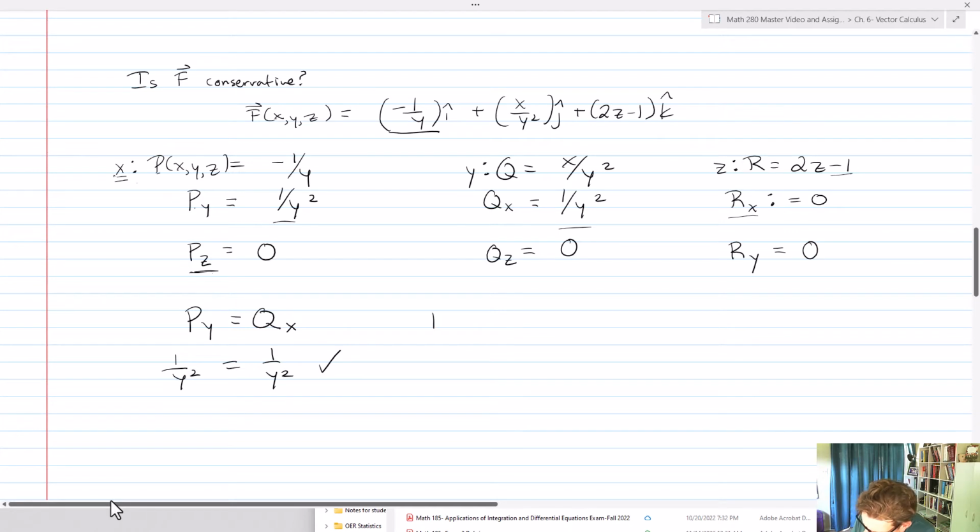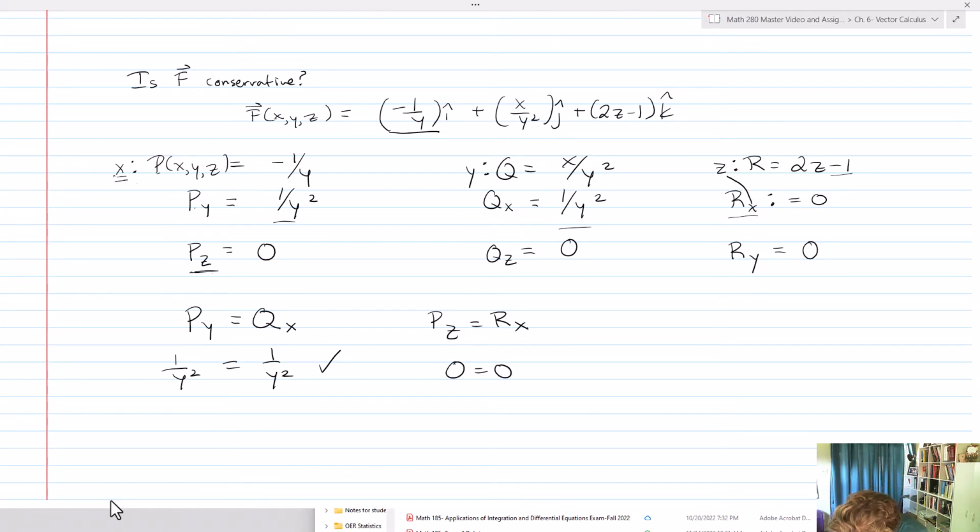So we need p_z equals r_x, and that's 0 equals 0. Notice x and z, those two have to match up. When we talk about potential functions, it's going to become clearer why that's the case. But for right now, we just want to think about matching up the variables.